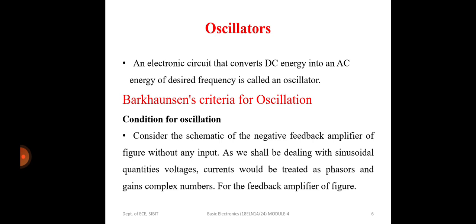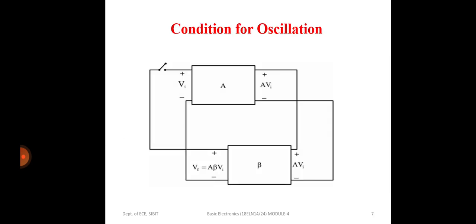Whether it is sinusoidal or not, quantities, voltages and currents would be treated as phasors and gains as complex numbers for the feedback amplifier. So this is the circuit for the condition of oscillation. Now let us look into that.